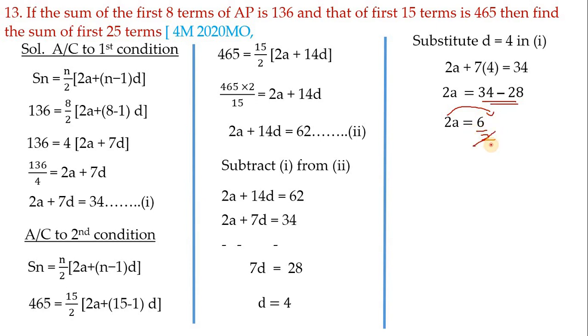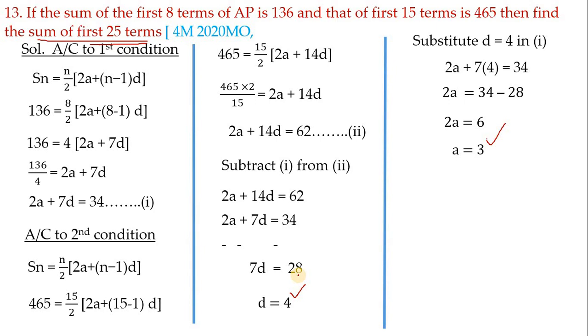Now let me simplify this. 2 ones are 2, and 2 threes are 6. Therefore a value is how much? That is 3. Next, what we have to find in this problem, that is sum of first 25 terms. So we have a value and we have d value.